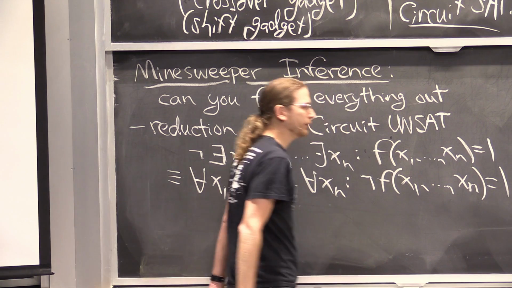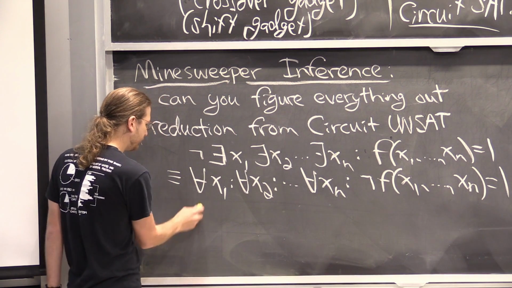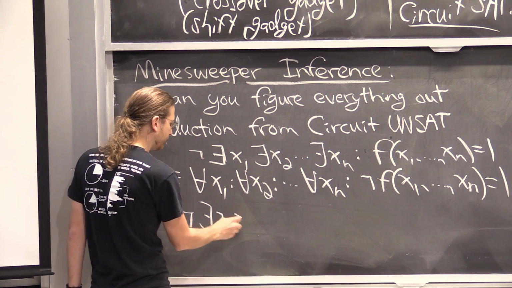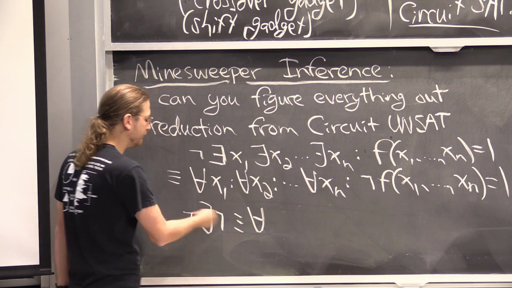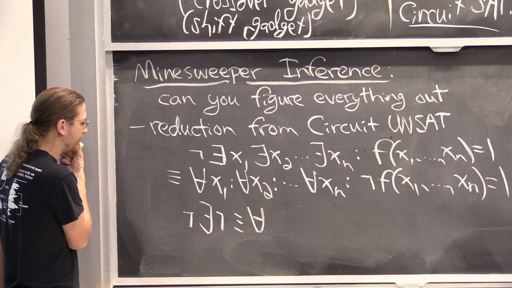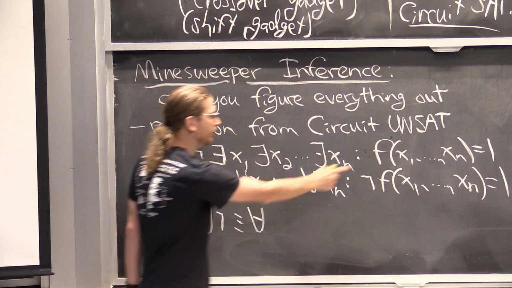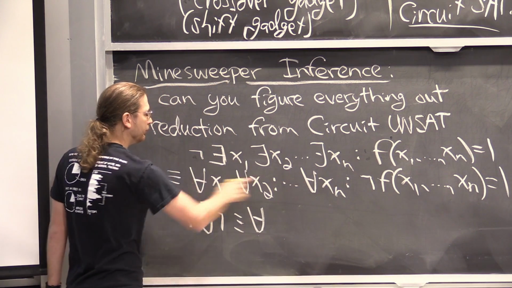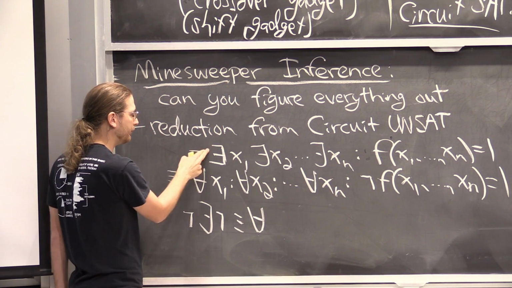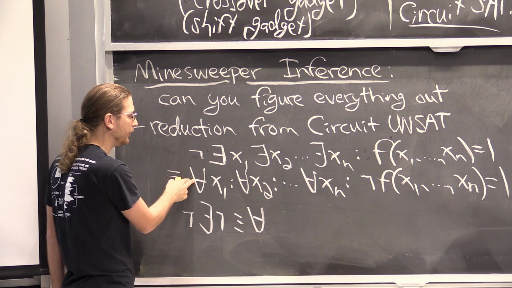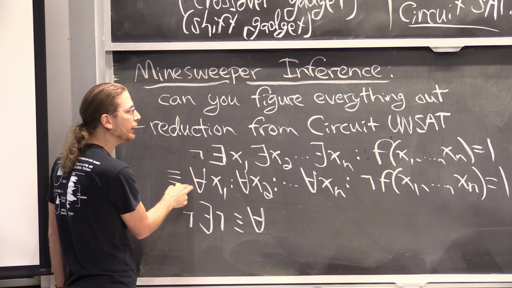Another fun fact is that not there exists is the same thing as for all. So if we put this negation over to here, these existential quantifiers turn into universal quantifiers, for alls. So this is quite a different problem.